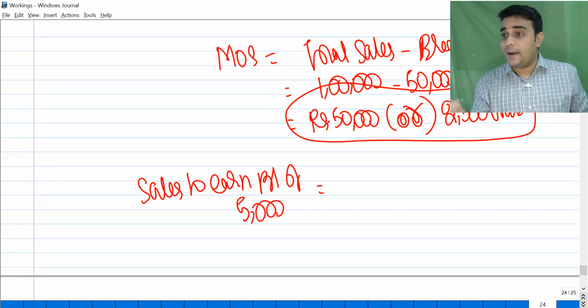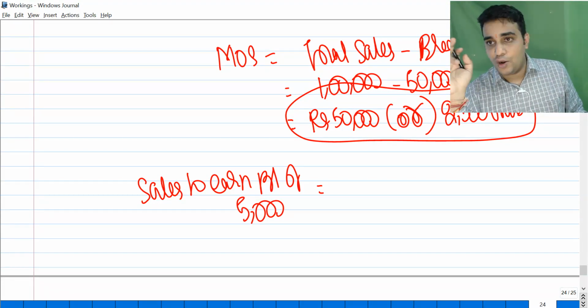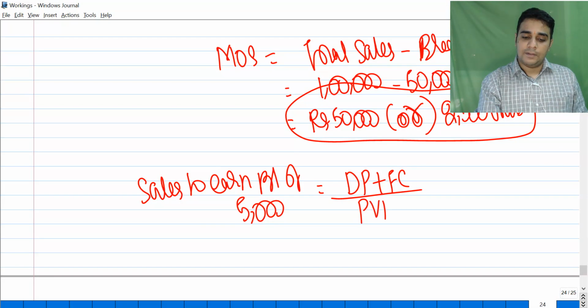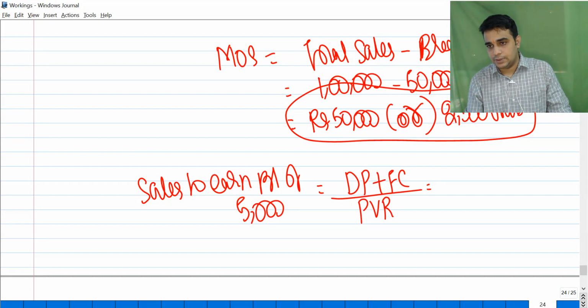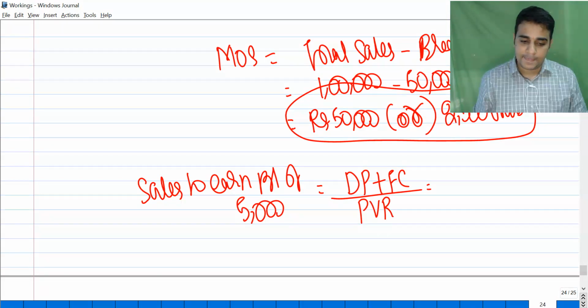If you remember the formula, it is fine. Else you can prepare a marginal costing income statement. There also you will get the answer. Formula is desired profit plus fixed cost by PVR. You can even divide by contribution per unit. Desired profit plus fixed cost by PVR.